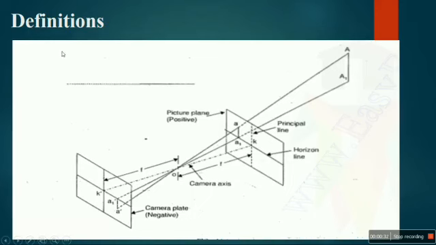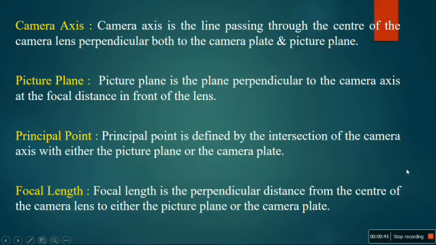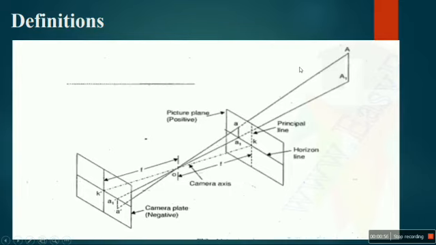Next, we discuss some definitions related to this image. First one is camera axis. Camera axis is the line passing through the center of the camera lens, perpendicular to the camera plate and picture plate. Just observe this diagram. This is our camera plate and this one is the picture plate.